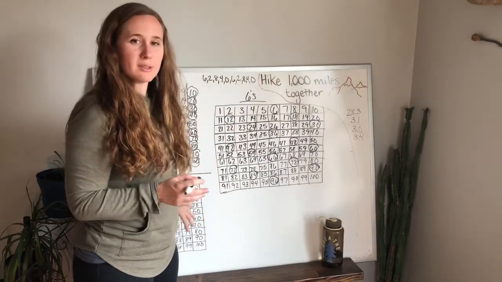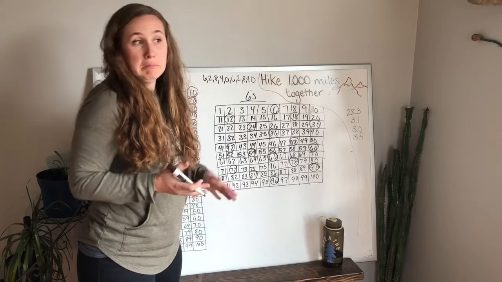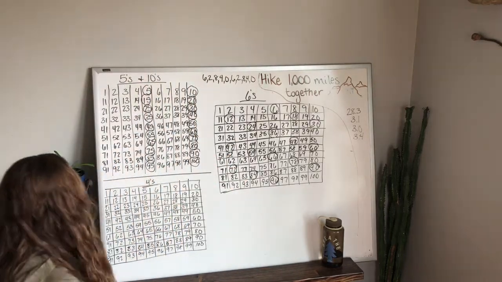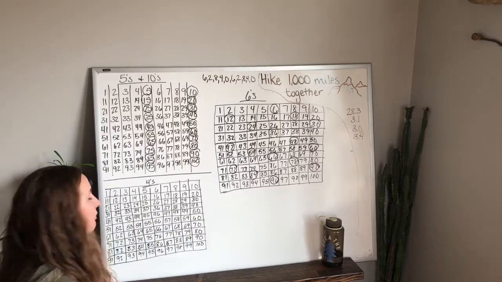Let's try our 4s and let's see if there's something a little different, maybe in a pattern with our 4s. So if we take a look down here, again, we start with our 4s.